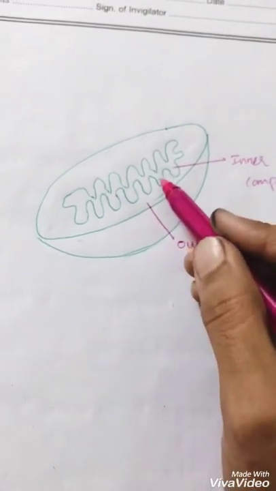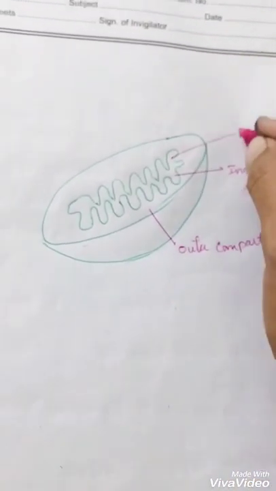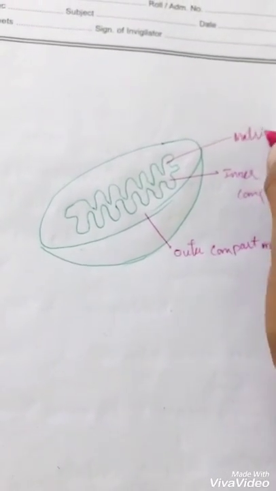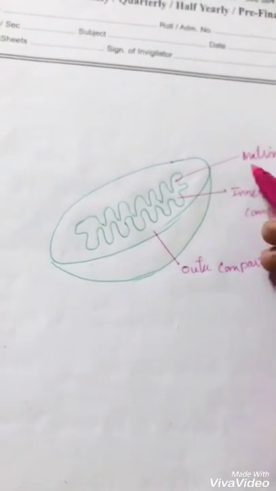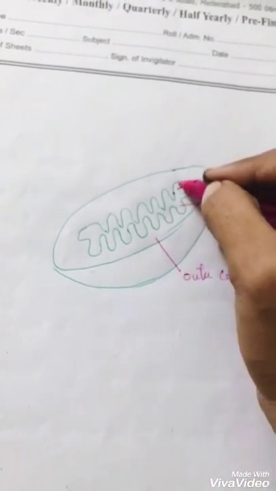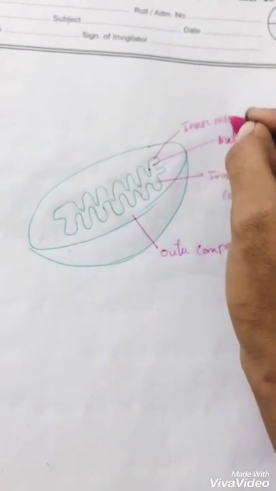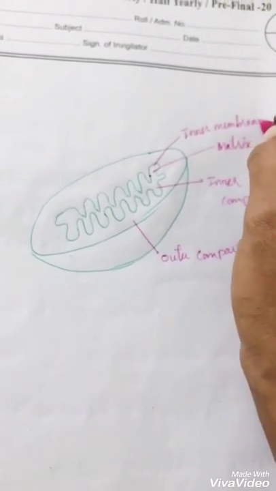The substance present in the inner compartment is known as matrix. This is the matrix present in the inner compartment. This matrix is surrounded by a membrane known as the inner membrane. This is the inner membrane.